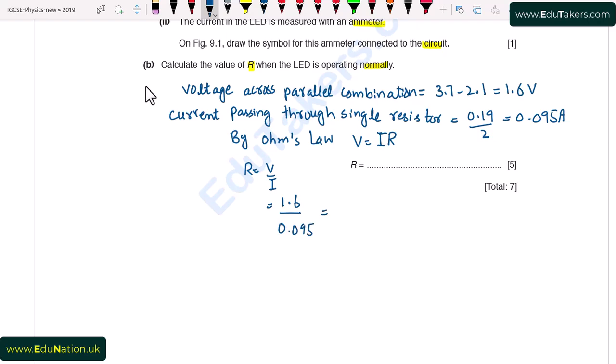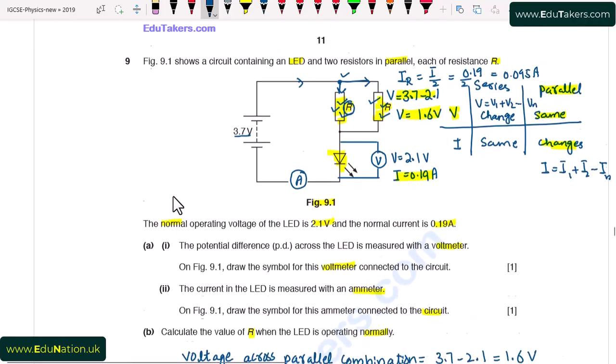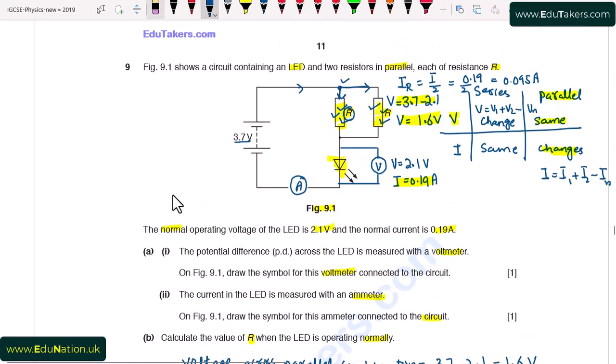So the resistance comes to be 16.84 and it is approximately equal to 17 ohms. So I write here resistance is equal to 17 ohms. So across both of these resistors, the value of resistance will be same. It is 17 ohm and this resistance is also 17 ohm.